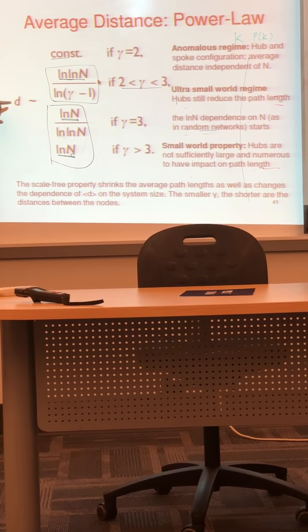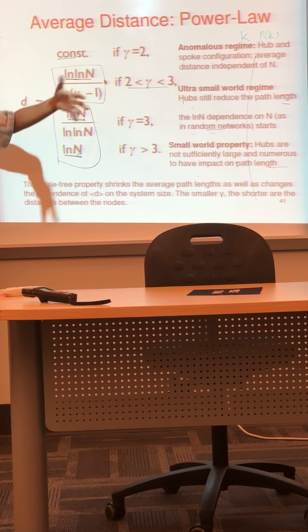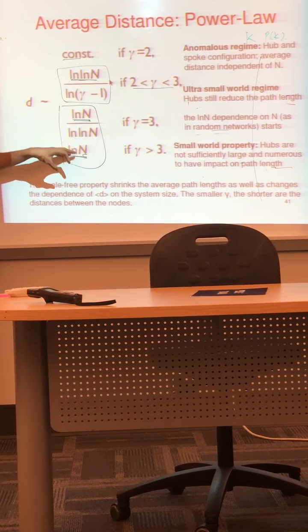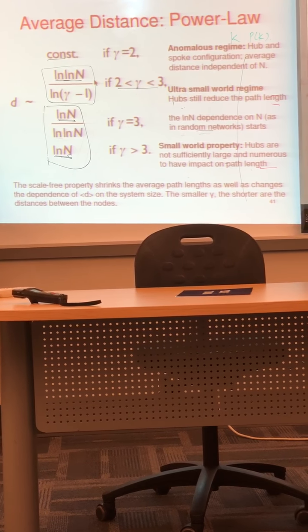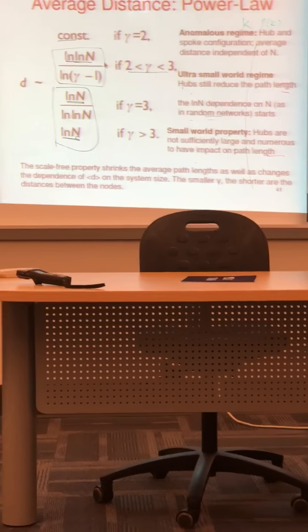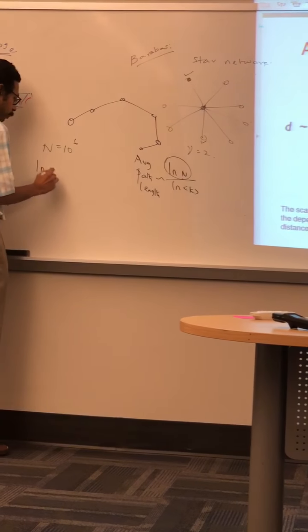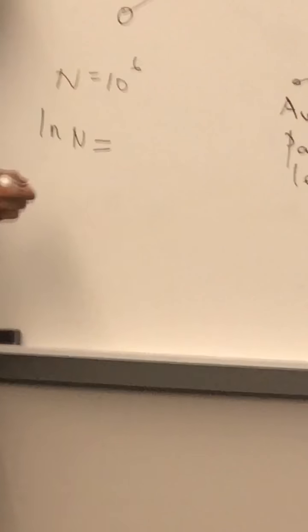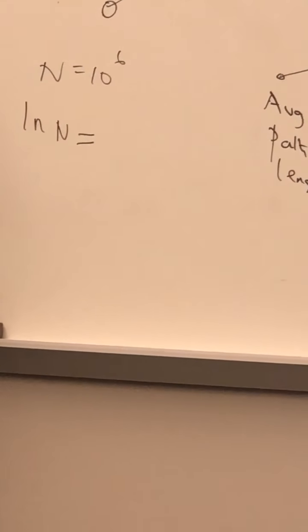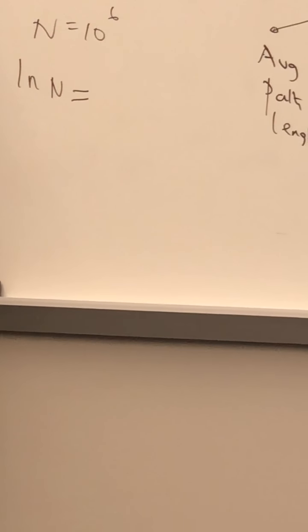Now, if the average path length is proportional to log of log n, that means even smaller, because log n is already smaller compared to n. See what I mean? If n is say 1 million, if you have a calculator, you can find out log n to the base e, log of 10 to the power 6.